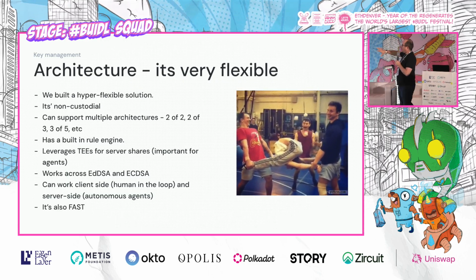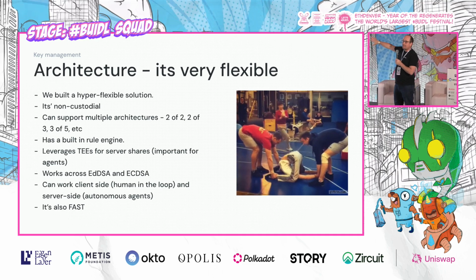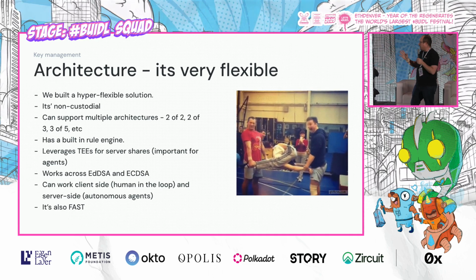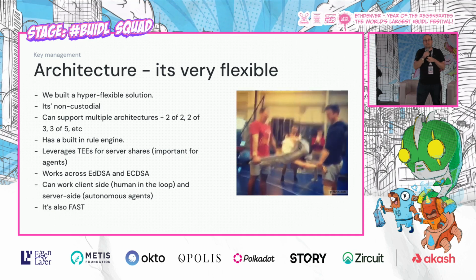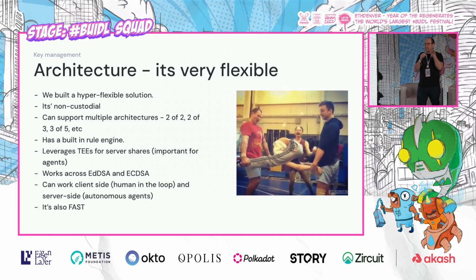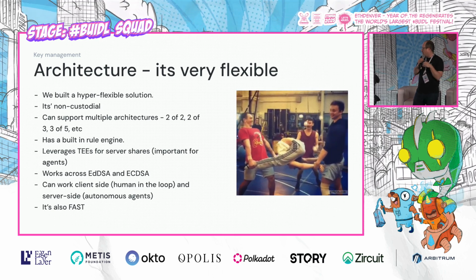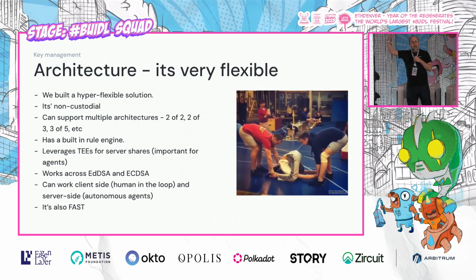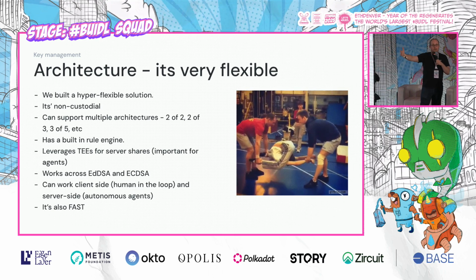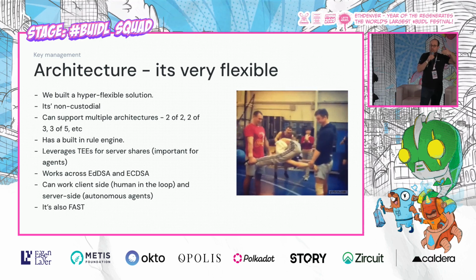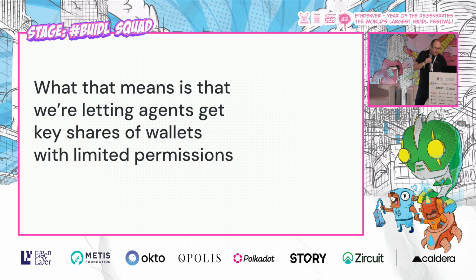So very quickly, architecture-wise, we've built a hyper-flexible solution, right? It's non-custodial. It can do a bunch of these key shares. It leverages trusted execution environments for the server side, so with the Dynamic side of this. So signing happens in trusted execution environments. And it can work client-side for human-in-the-loop type interactions, or server-side for server-to-server, machine-to-machine type interactions, right?